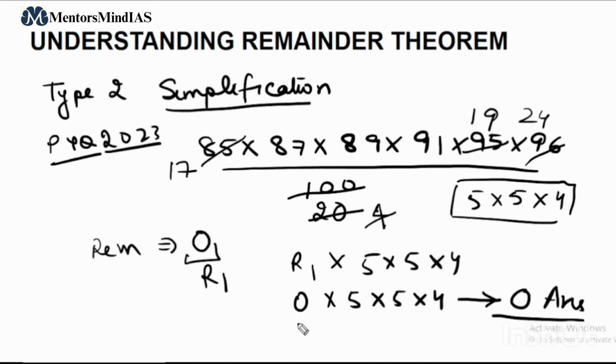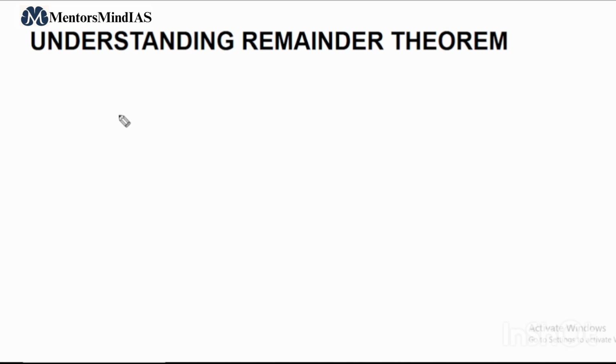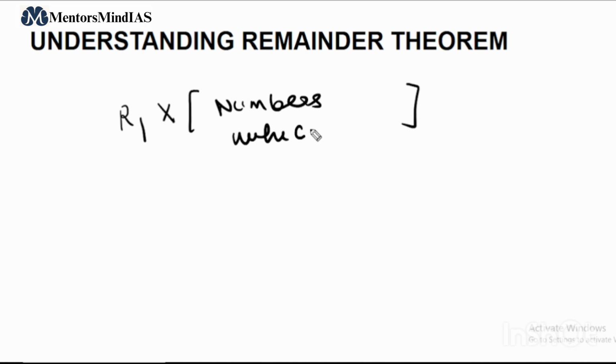If it would have been 2 or 1, then you would have had to multiply it with this number. So the only basic concept in case of simplification is that whatever your remainder R1 is, you have to multiply it with those numbers which you are using for simplification.